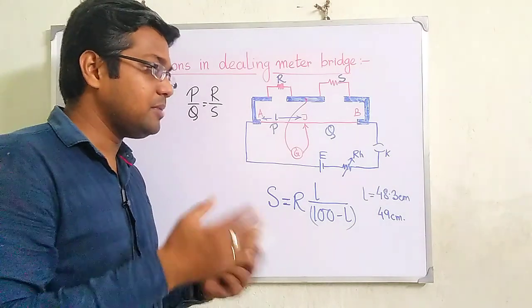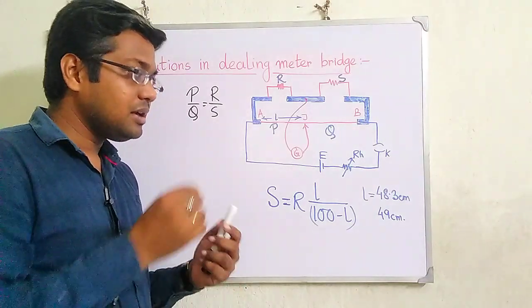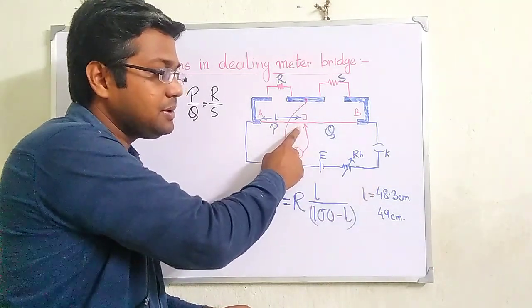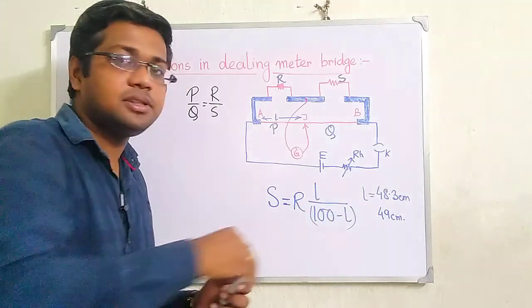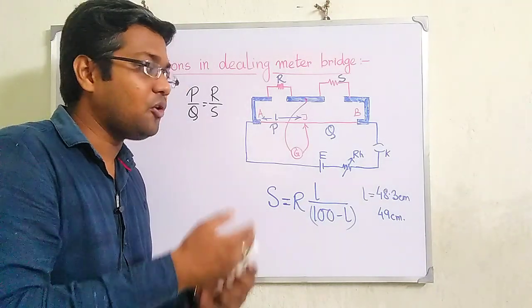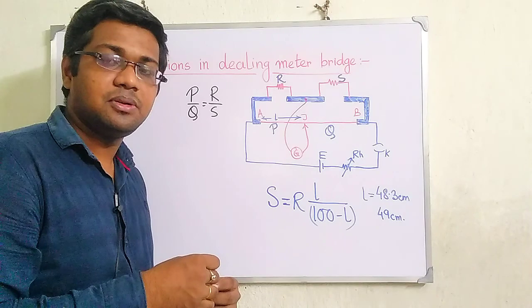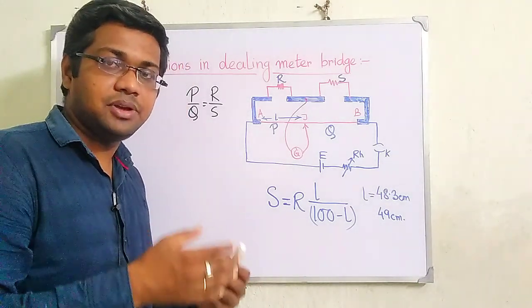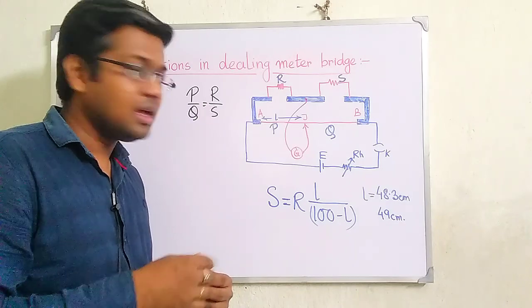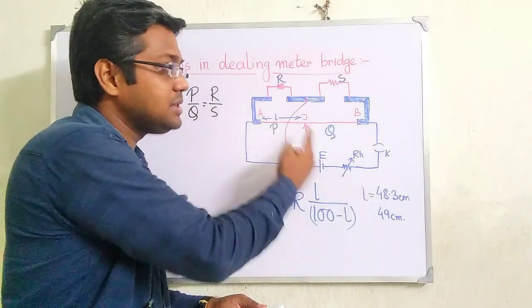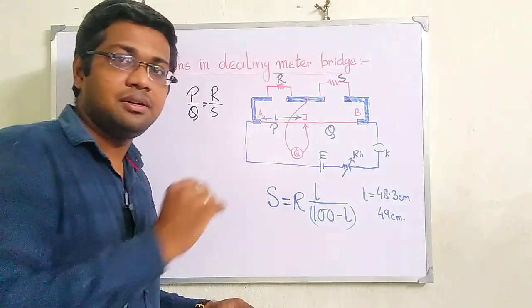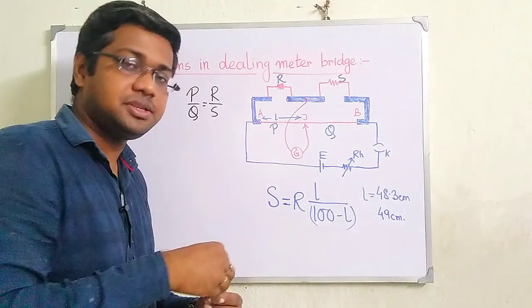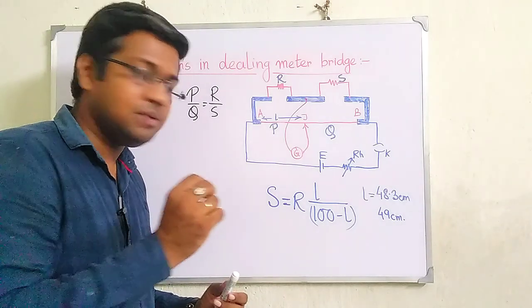The length where you obtain the null point: at first you get 48.3 centimeter, after some time you get 49 centimeter. What is the cause behind this? That we are going to discuss now. Why is this null point shifted? If the null point is shifted, then the value of small l will change.